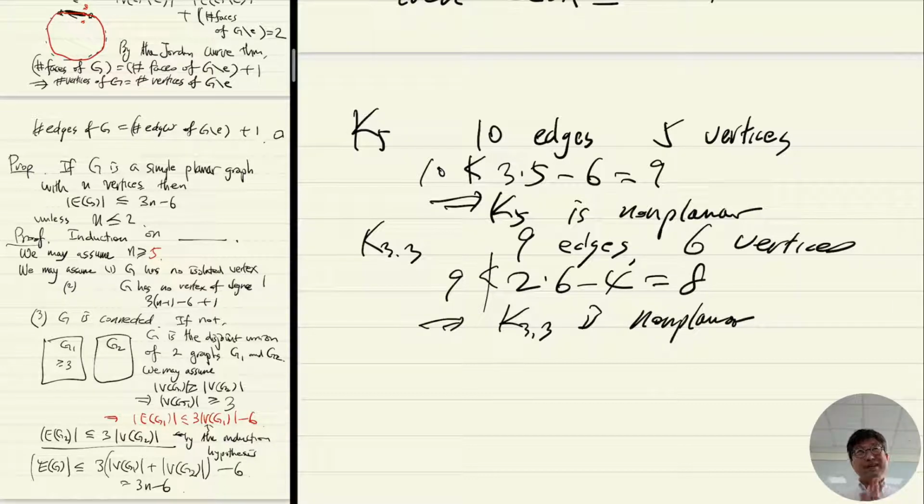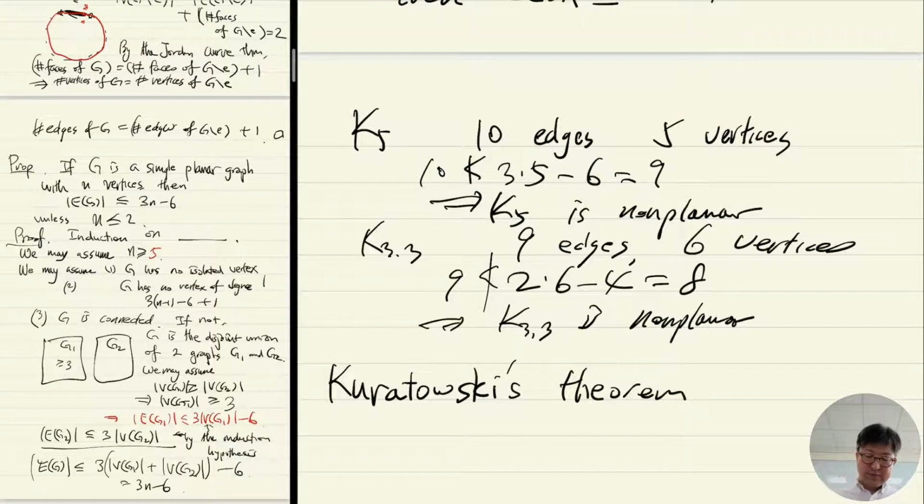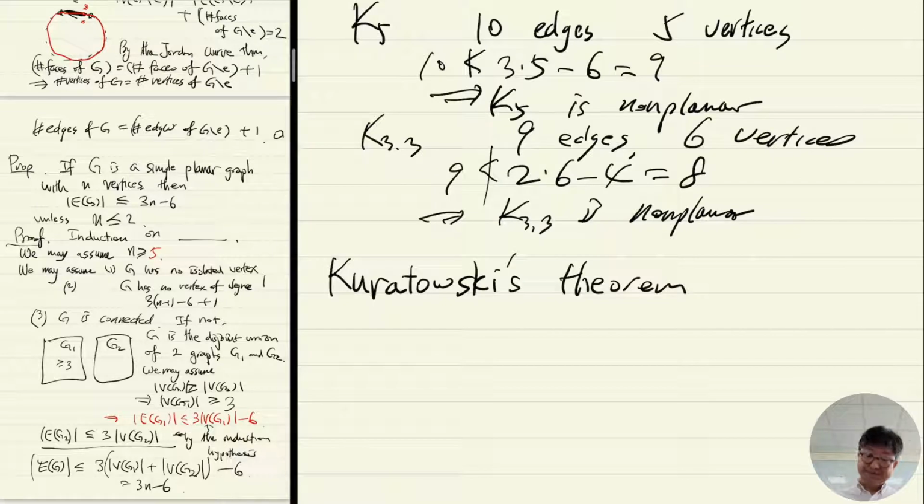Now we have seen many canonical reasons why these two graphs are not planar. And now we will talk about Kuratowski's theorem, which states the following.